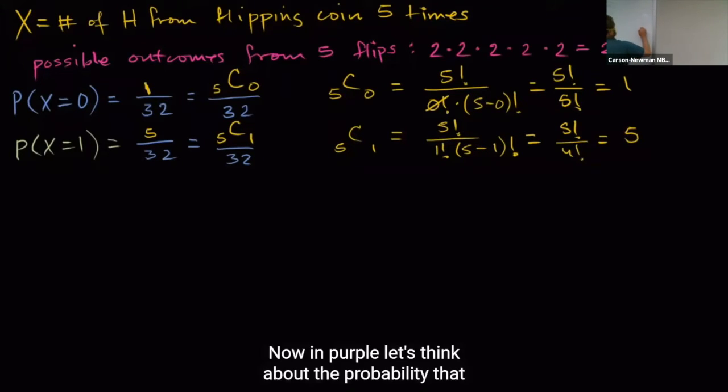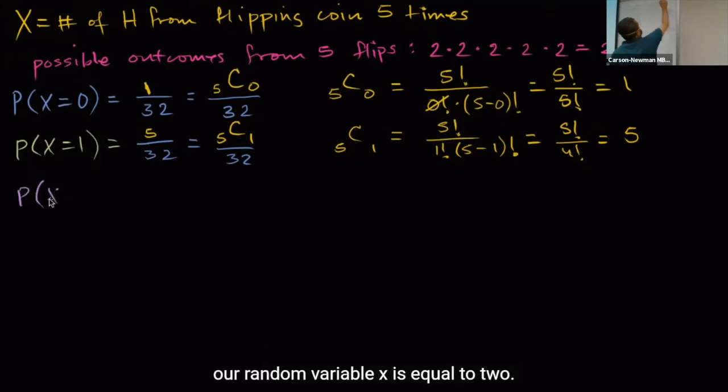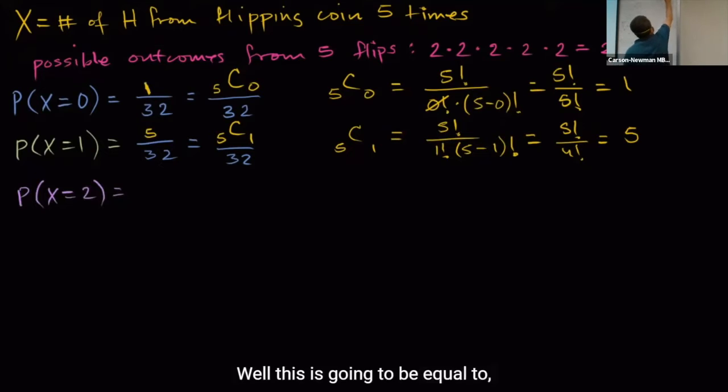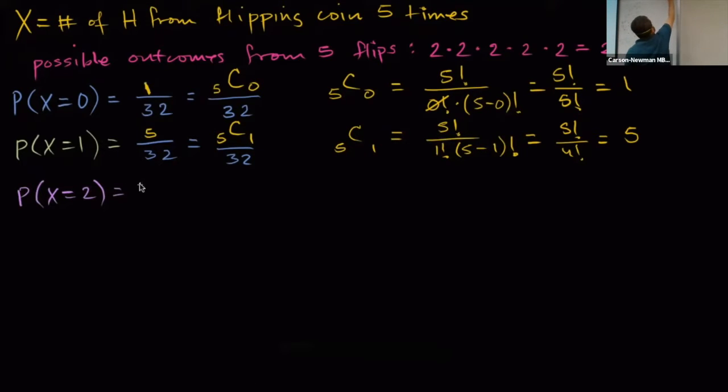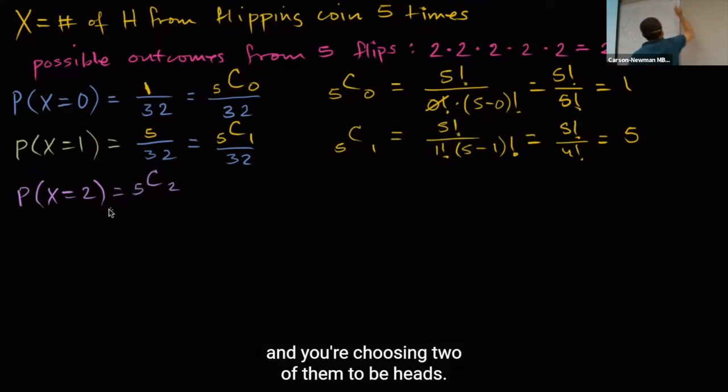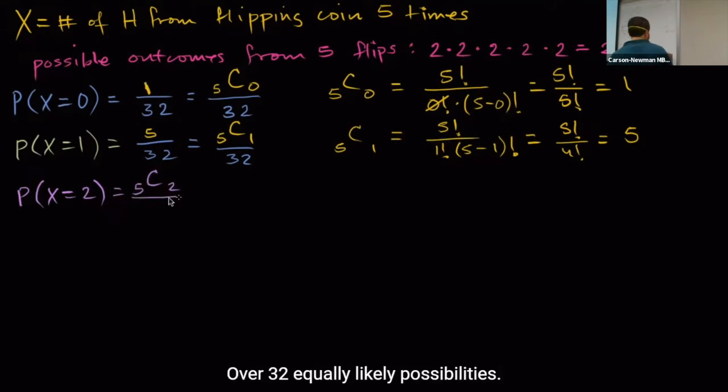So now let's think about the probability that our random variable x is equal to 2. Well, now I have to resort to the combinatorics. You have 5 flips, and you're choosing 2 of them to be heads, over 32 equally likely possibilities.